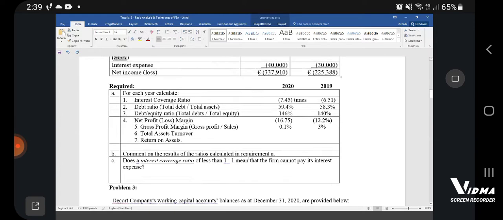Okay, total assets turnover. Whenever you hear the word turnover, sales are in the numerator always. So we have sales to assets.